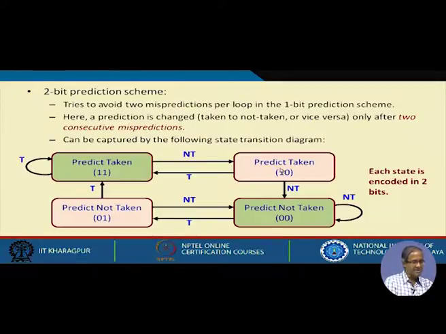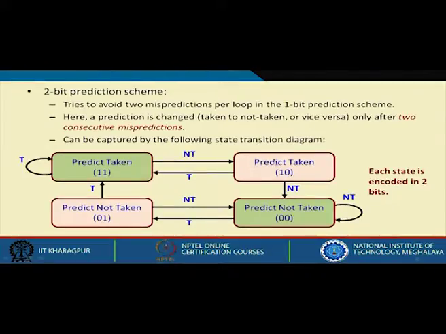So, here if you see that next time again there is a misprediction, then only you move here, which means that your behavior of the loop has possibly changed. Earlier it was mostly taken, now somehow it has become mostly not taken. But if you see that the next time it is again taken, you again come back here. Similar is the case here. If it is predict not taken and you find it is a taken misprediction, you temporarily come here. This is again predict not taken, but the maybe case.